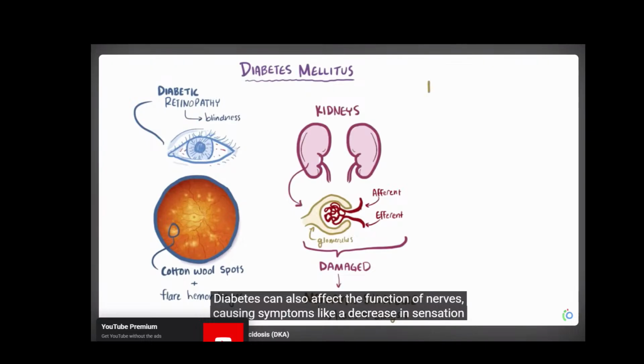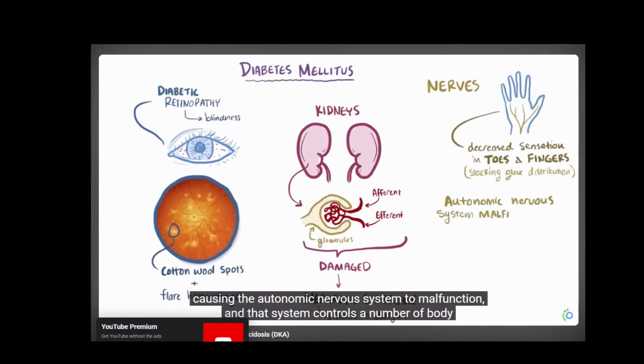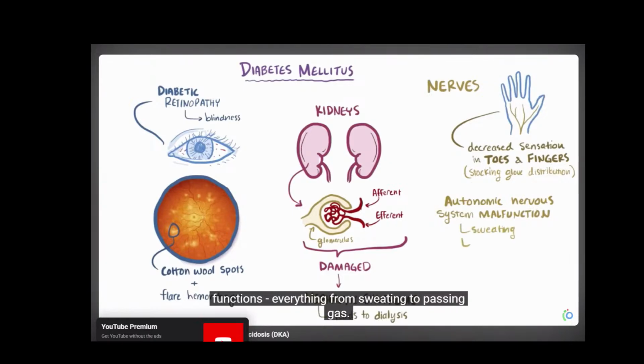Diabetes can also affect the function of nerves, causing symptoms like a decrease in sensation in the toes and fingers, sometimes called the stocking glove distribution, as well as causes the autonomic nervous system to malfunction. And that system controls a number of body functions, everything from sweating to passing gas.